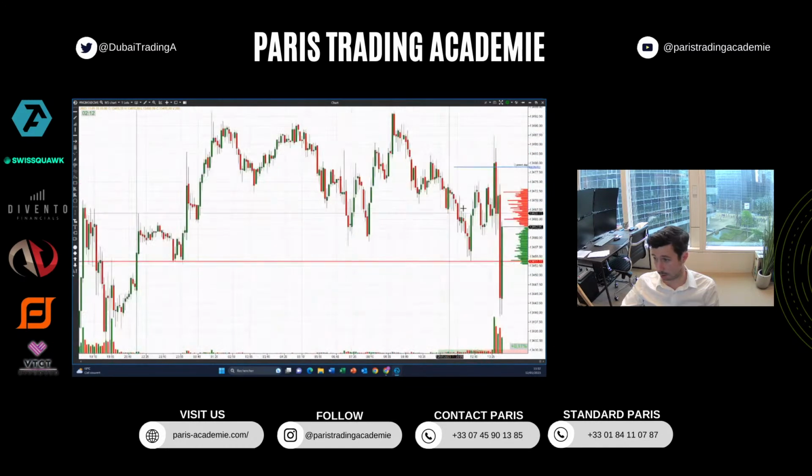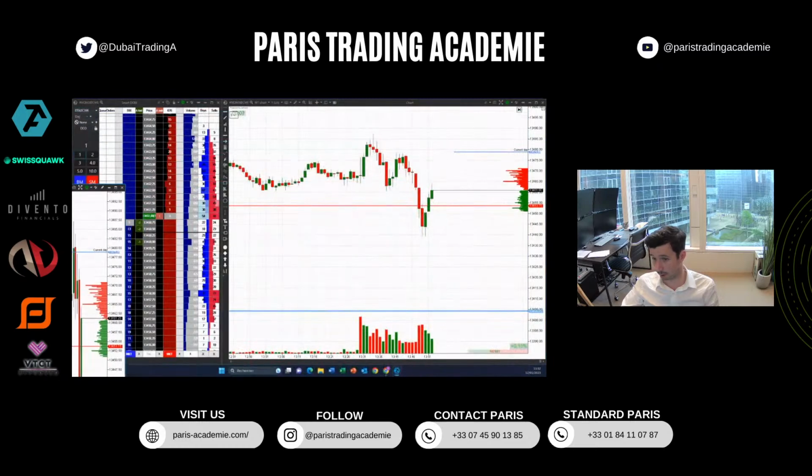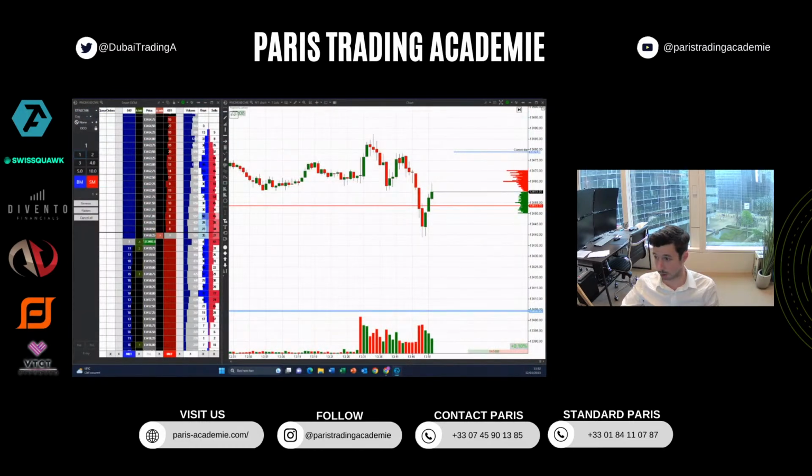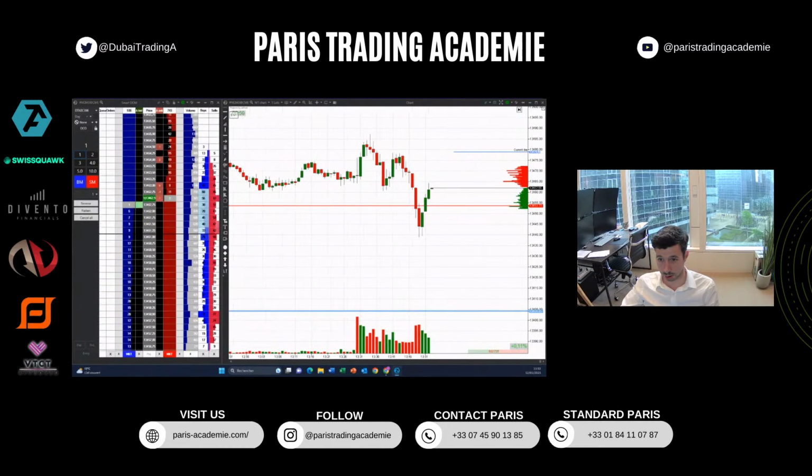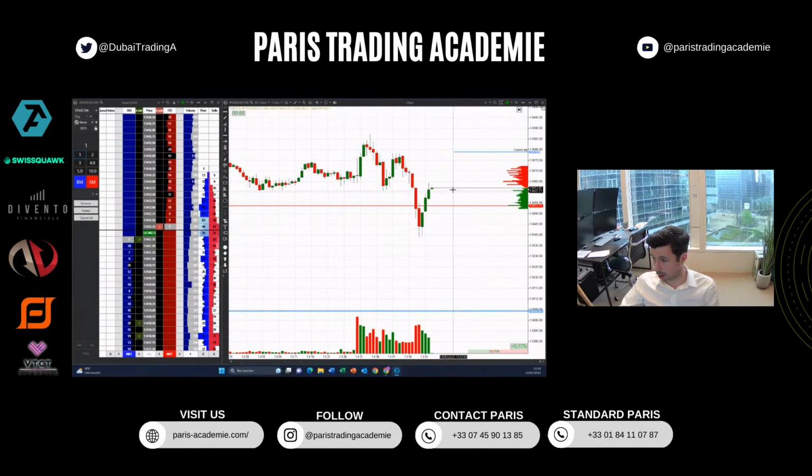This one as well is a V-shape, but we can't see it on the 5 minutes, we see it on the one. And we see that this previous level that was our previous support has now turned into a resistance.